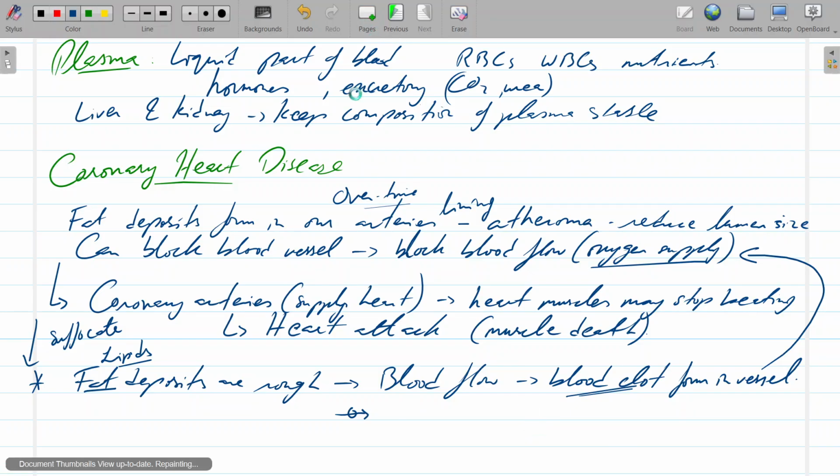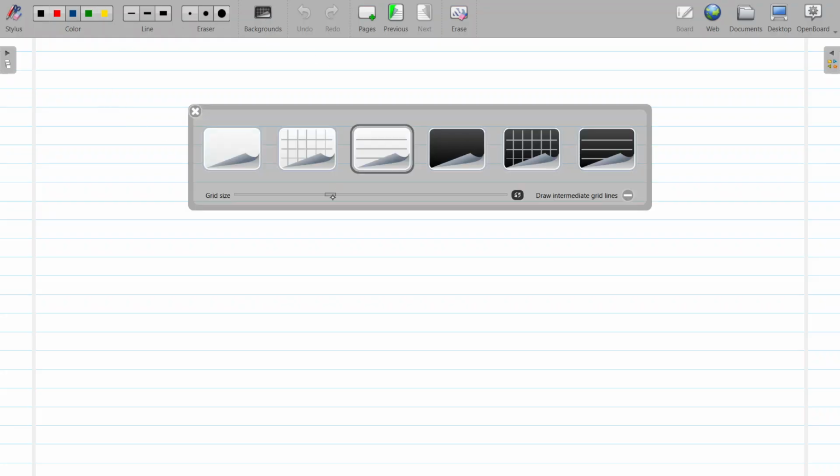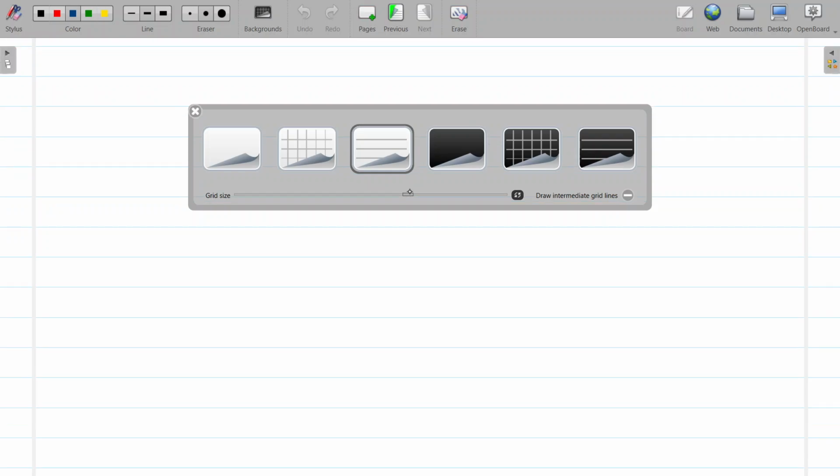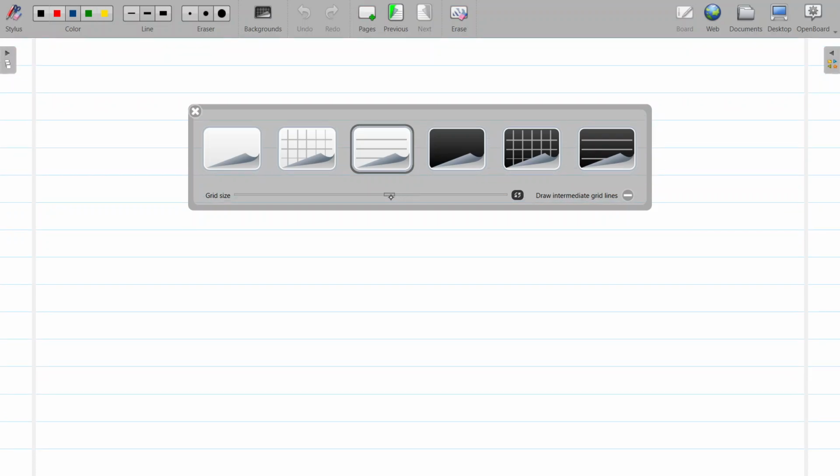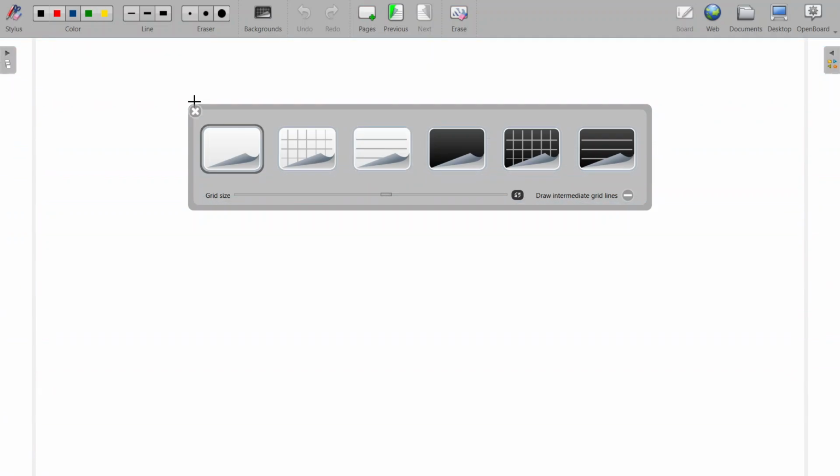Now, that's what would happen with the heart if a blood clot happens somewhere else, or it travels through the system and, for example, goes into the brain. Then it can cause what we know as a stroke, which is a lack of oxygen supply to the brain.